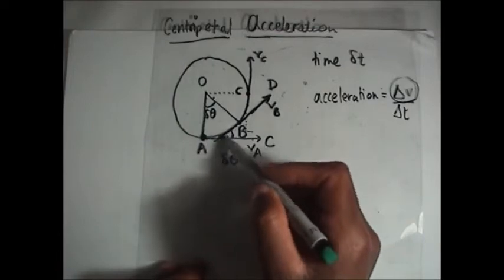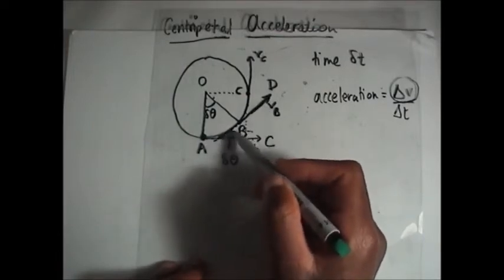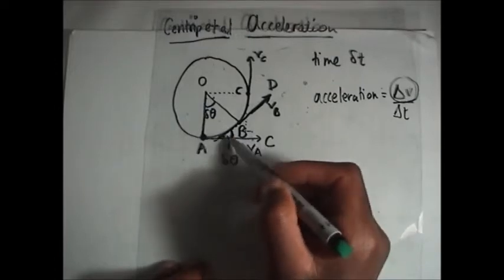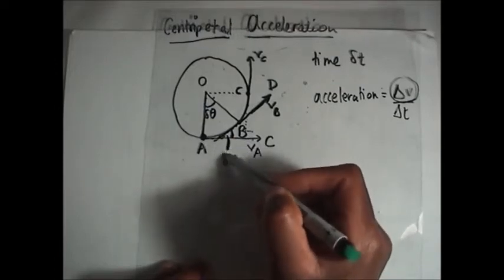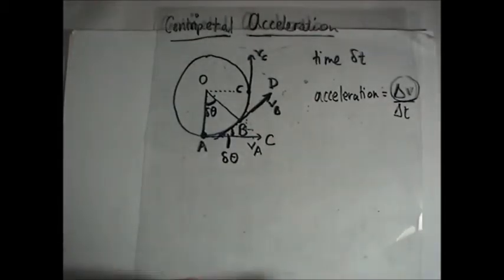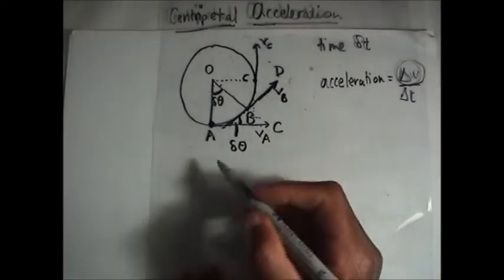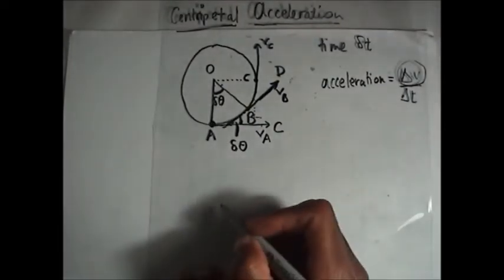So basically, when we extend the tangent of BD to meet this AC, it will make an angle of delta theta, the same angle that is at the center. So now, let's form a geometrical shape of what is happening here.